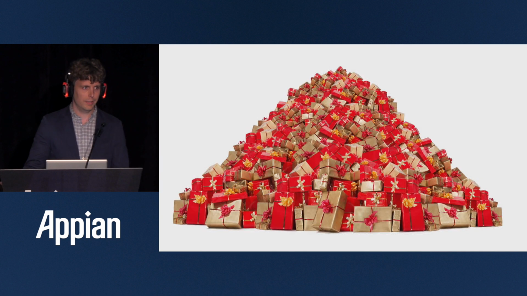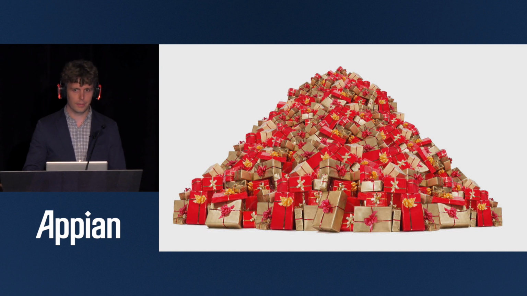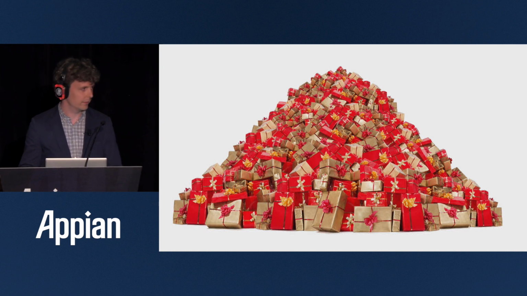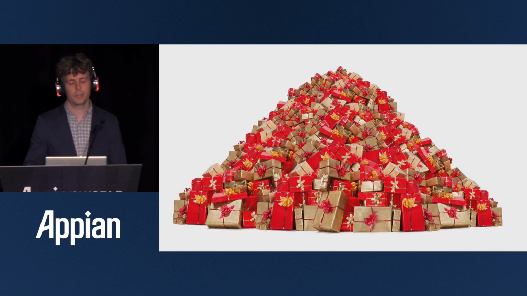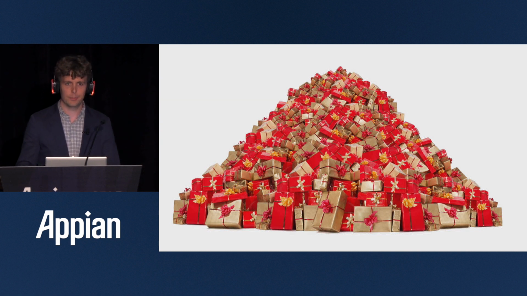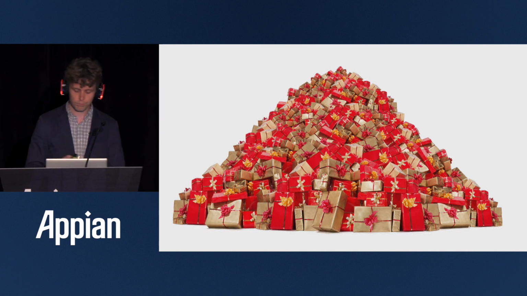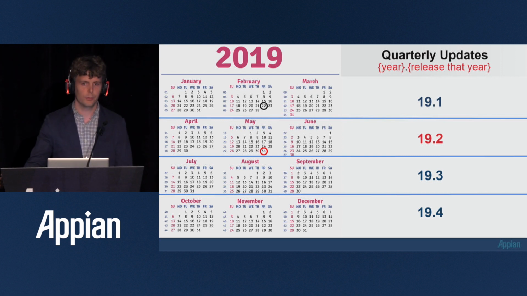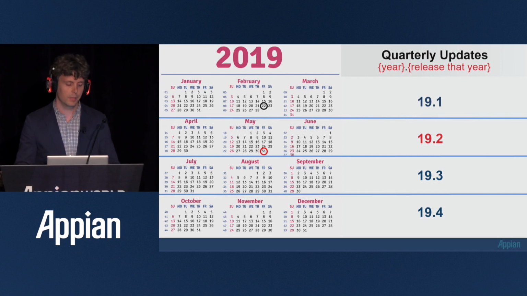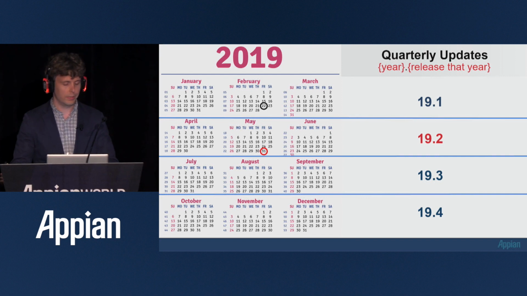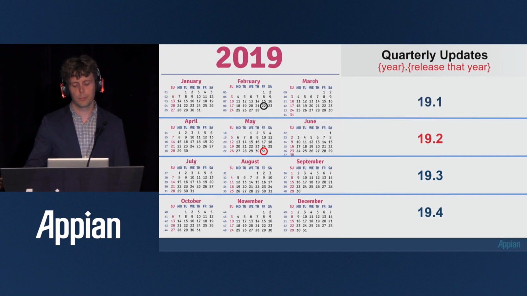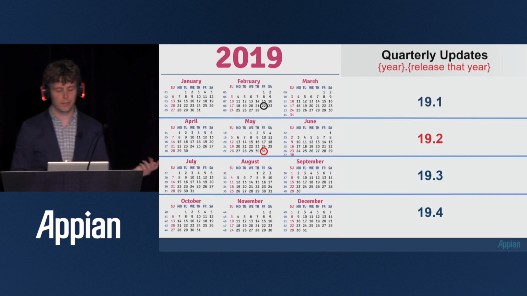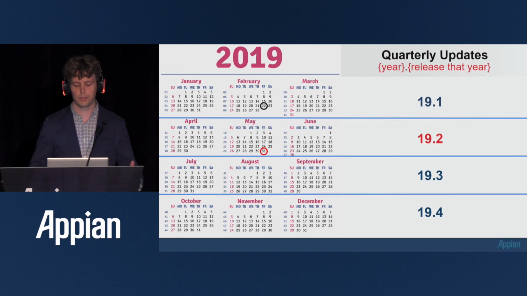Every Appian release, not just this upcoming 19.2 release, is full of a ton of cool stuff, and I'm really glad to be able to be here to share that with you. First, though, just a little bit of context for anybody who's new to the Appian ecosystem. We do 4 releases, once a quarter, and we number them so that it's the year, 19, and then just the release for that year.